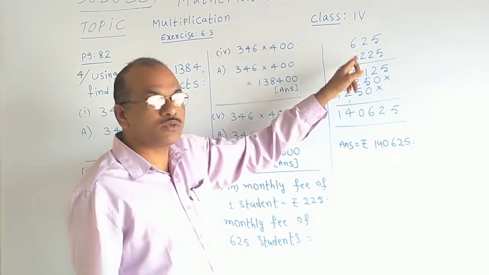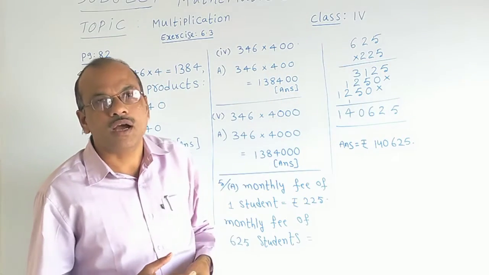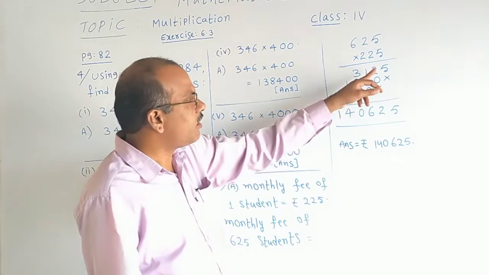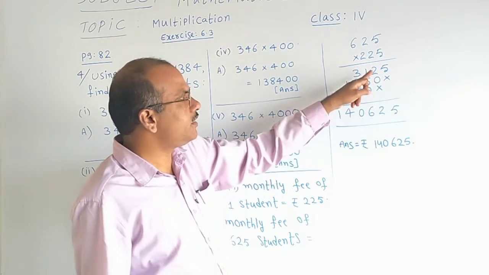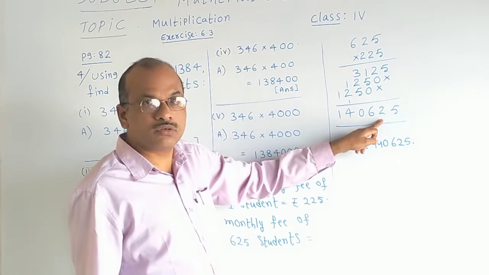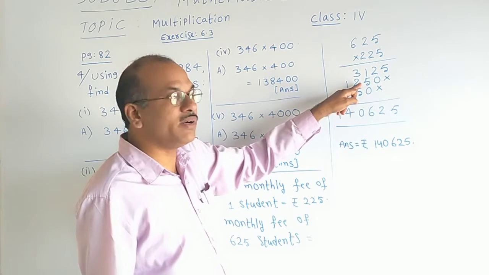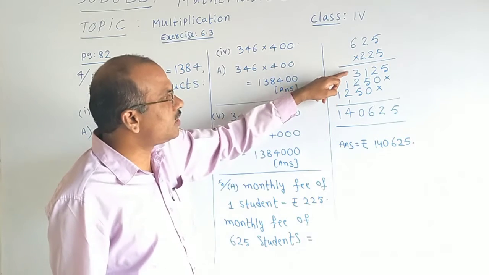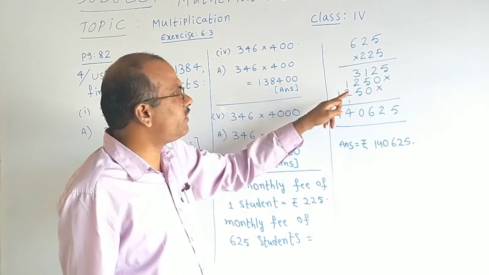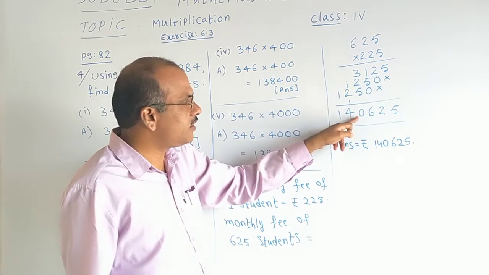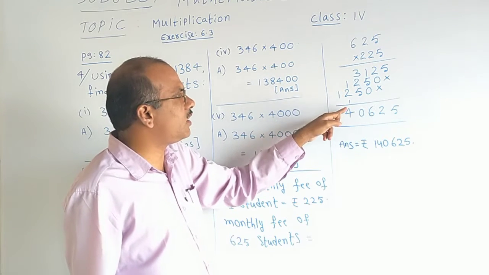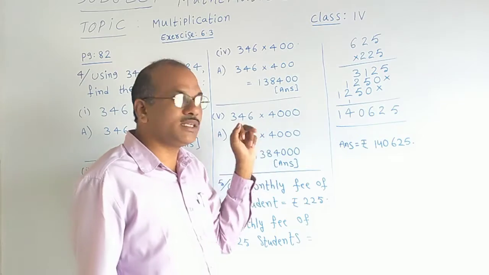Now it is time for us to add all the numbers or the digits we got in the 3 rows. Then 5 is taken, 2 and 0 addition is 2, 1 and 5 addition is 6, 6 and 0 is 6 only, 3 and 2 is 5, 5 and 5 is 10, 1 is carried here, 1 and 2 is 3, 3 and 1 is 4, again this 1 is taken.